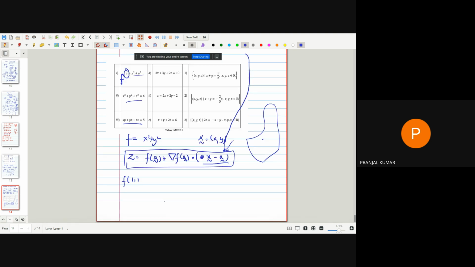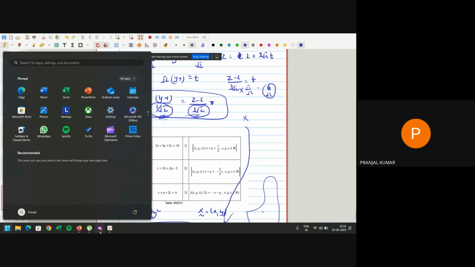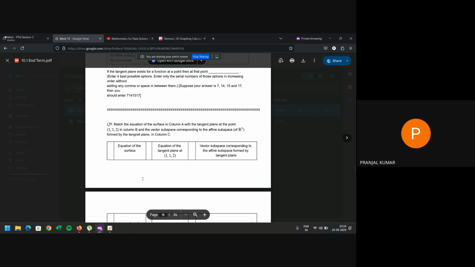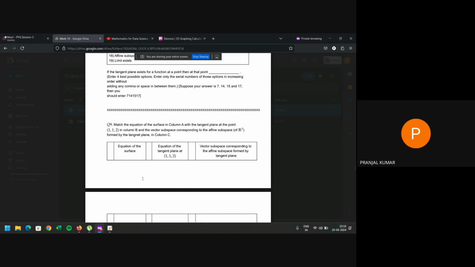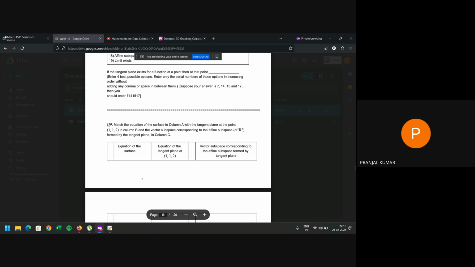The point in question is (1, 1, 2). So you have to pick just the first two: this is your point in the domain, f of (1, 1). Two is the value of the function at that point.